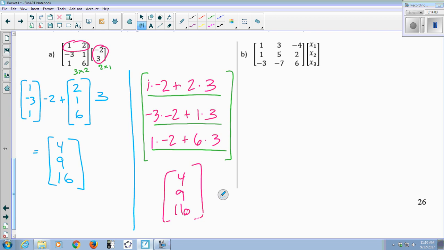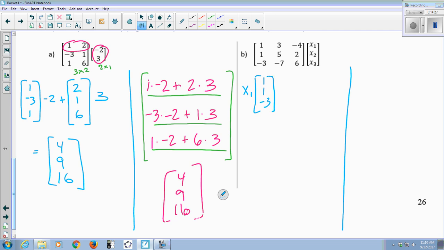All right, so similar thing in the next one, it's just that I'm multiplying my matrix by a vector of unknowns rather than constants. So we'll do 2 different methods. First one, use each of these unknowns as a weight on the corresponding columns. So I have x1 times 1, 1, negative 3.